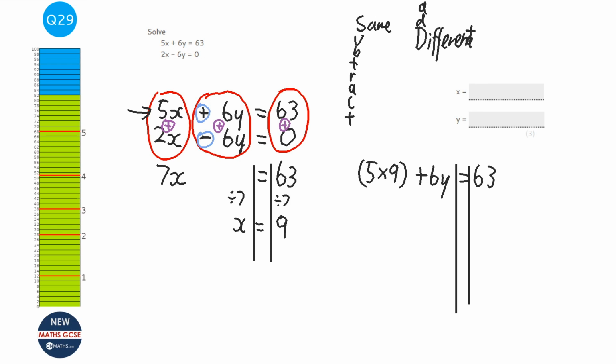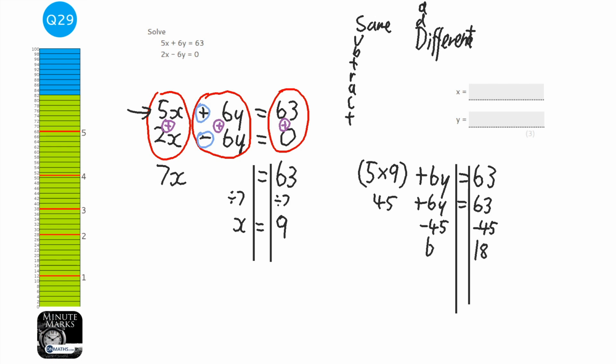So 5 times 9 is 45 plus 6y equals 63. And then we're going to take away 45 from both sides. So we're going to do 63 take away 45, which is 18. So 6y equals 18. And then we're going to divide by 6 both sides, so y equals 3.